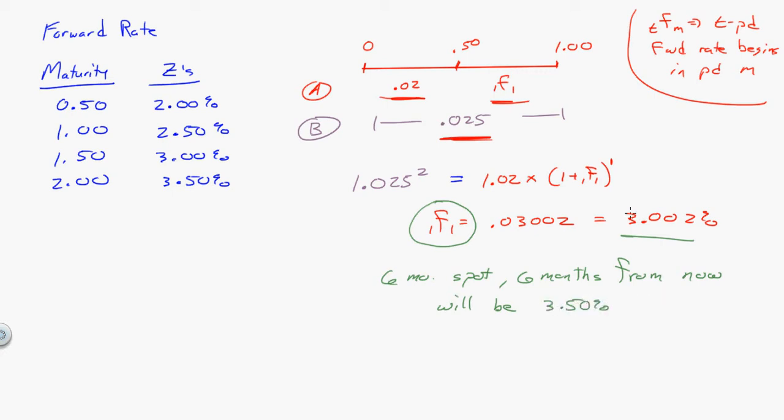If that's true, which option do you choose, option A or option B? Well, 1.025 squared, you could invest in that, that's option B, or you could stay at 1.02 for 6 months and then reinvest at what you know to be the 6-month spot rate 6 months from now. This is going to be bigger, so you would choose to do that.